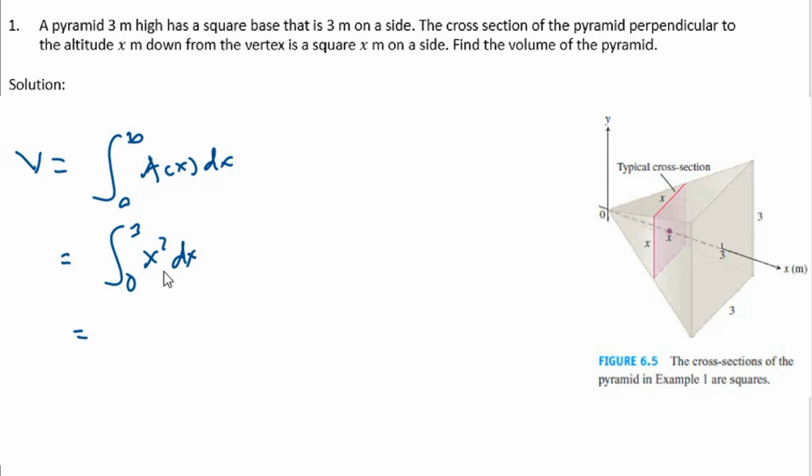Then we integrate this. The integration of this is x cubed over 3, evaluated from 0 to 3. Taking the evaluation by using the fundamental theorem of calculus, it will just give us the answer of 9 cubic meters. That's the volume for that problem.